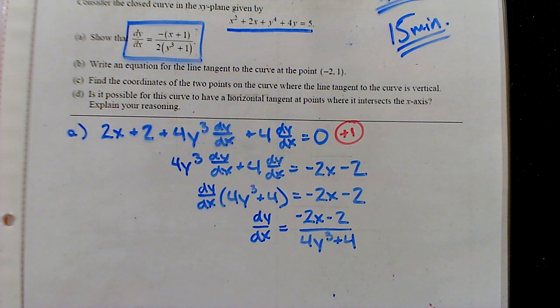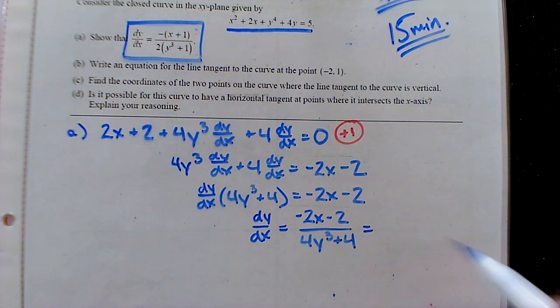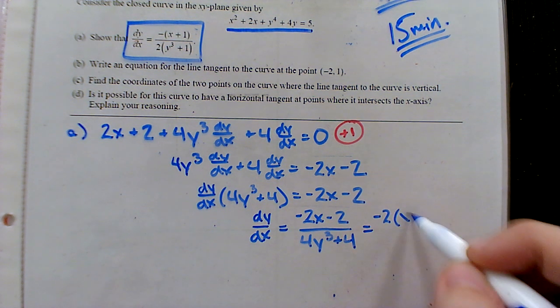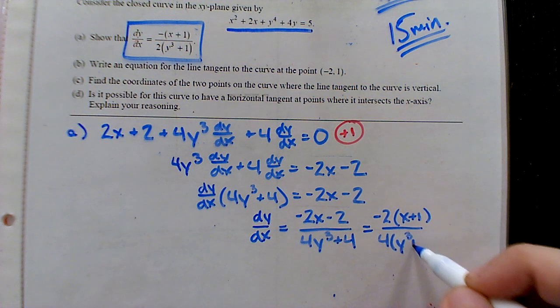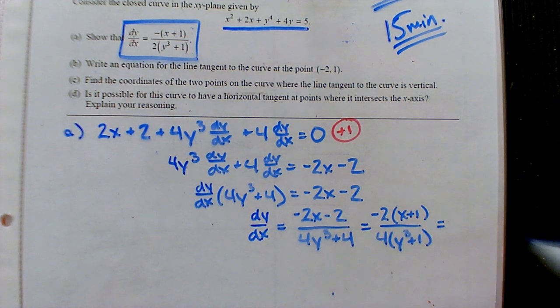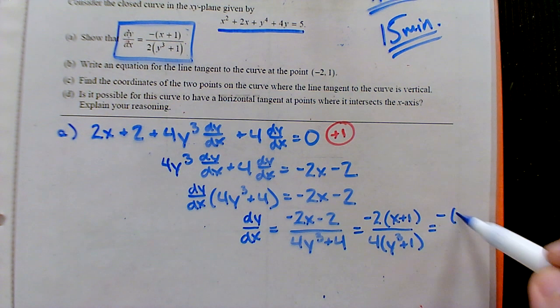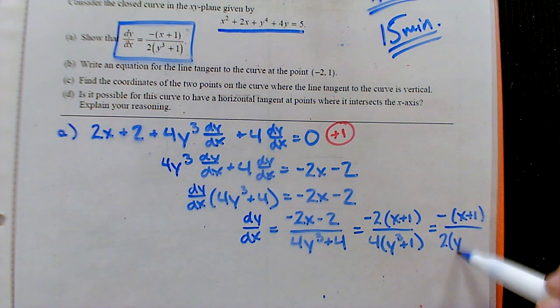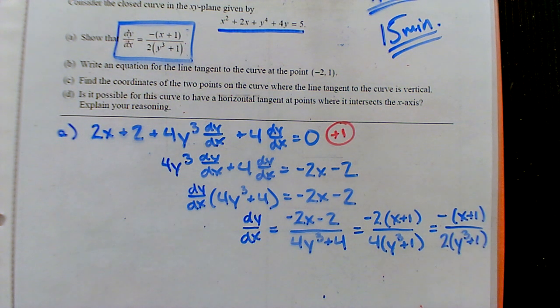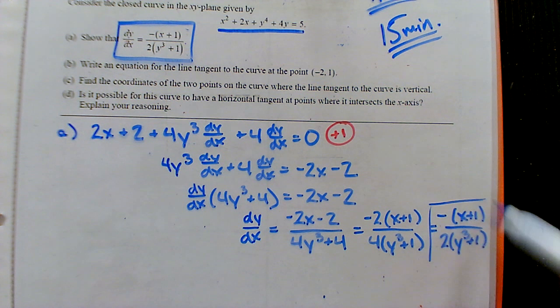Then I had an equal sign next to that and took out negative 2 and had the quantity x plus 1, and under it 4 times the quantity y cubed plus 1. And then next to that I had the reduced form, which is negative x plus 1 over 2 times y cubed plus 1, which is the initial thing at the top.